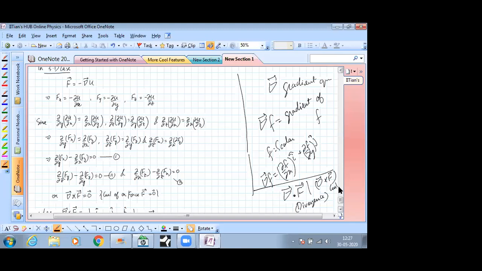Because it gives us an idea about whether the field lines for such a field are curling into closed loops or not.